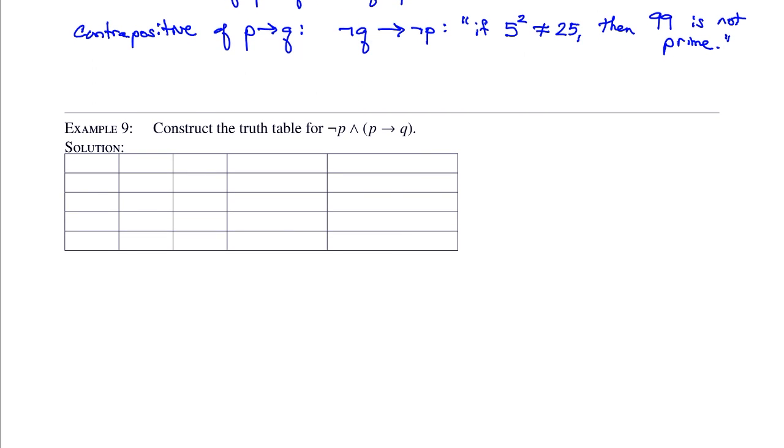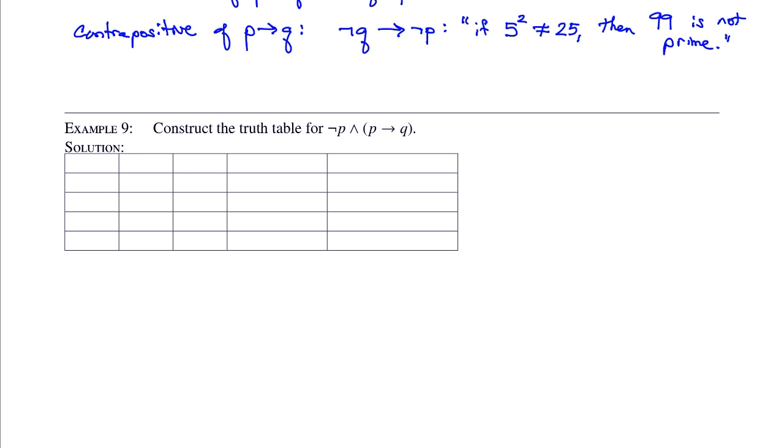So here we want to build the truth table for this proposition. This is called a compound proposition because there's a lot to it. It's not P and if P then Q. Use parentheses on these things just like you would in algebra. There's groupings that you have to sort of do ahead of time and things like that.